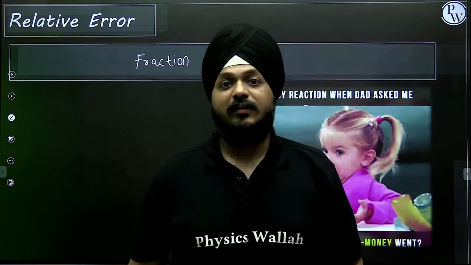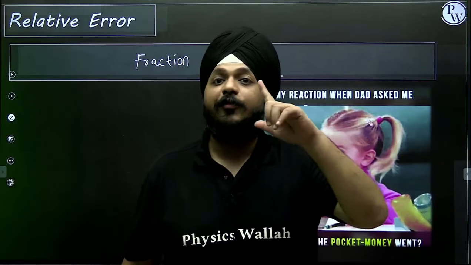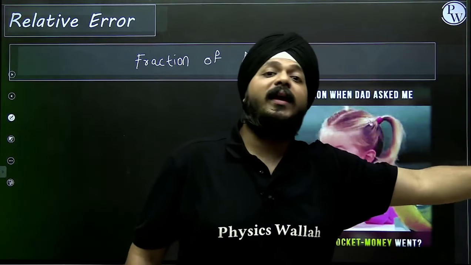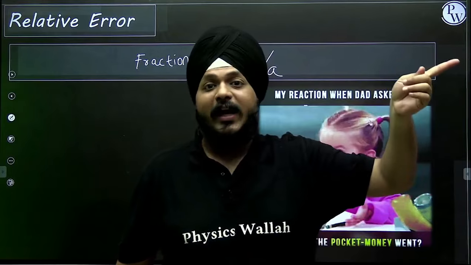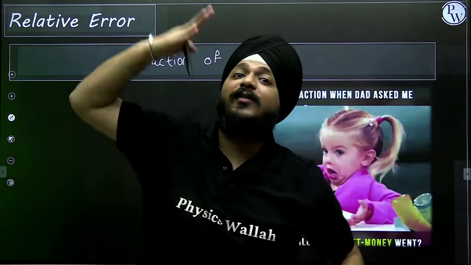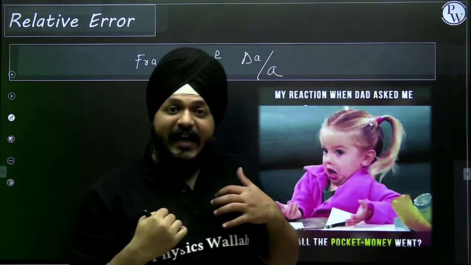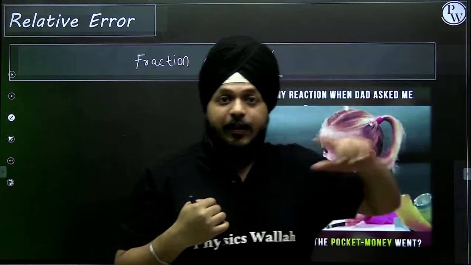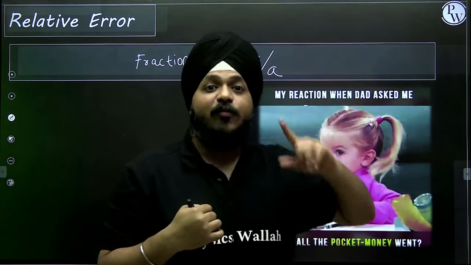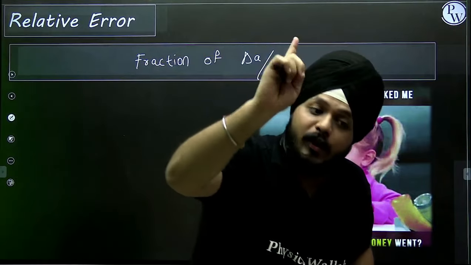So that's the same thing. Again, I'm repeating the same example. If my dad gave me pocket money of 10, his system is showing 11. What is the absolute error? 1. That absolute error is what fractional part of the true value? Dad gave me 10, the system was showing 11, the absolute error is 1. That 1 is what fractional part of the true value, 10?